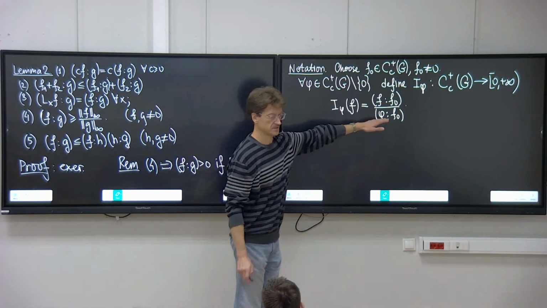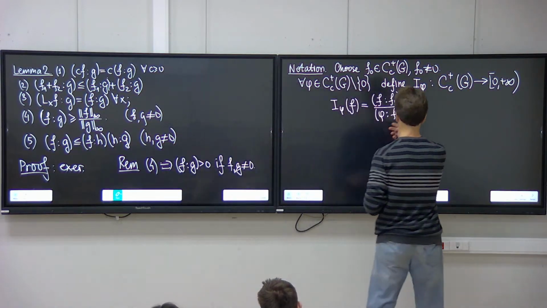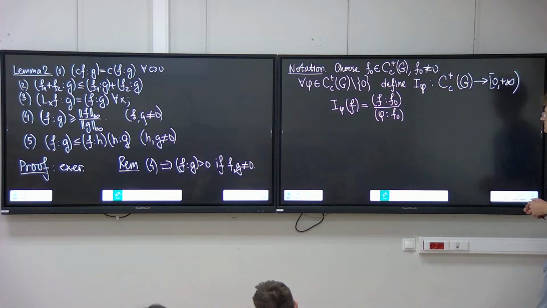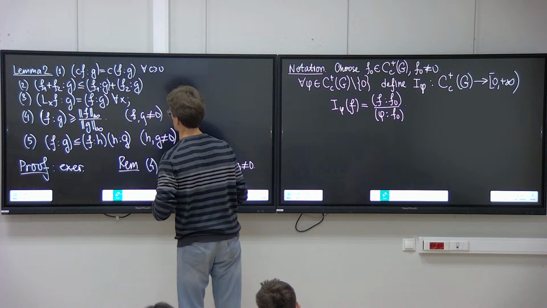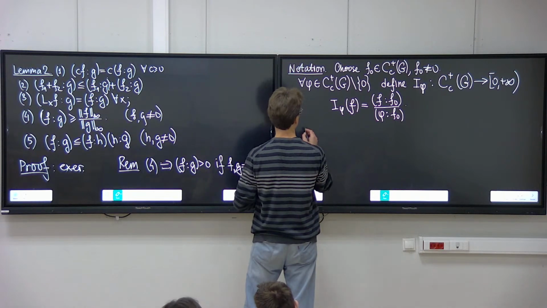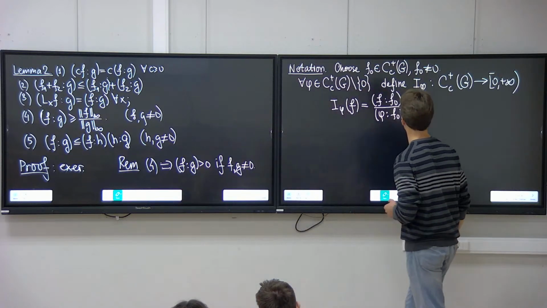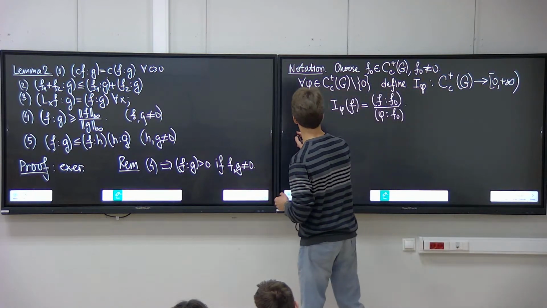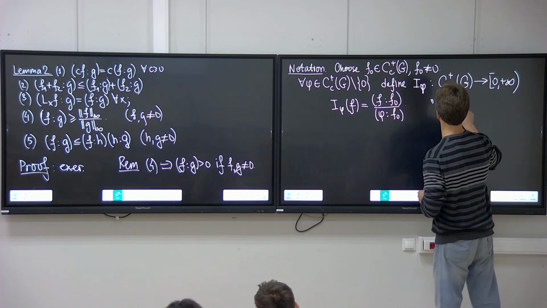So this is well defined. This is non-zero, and so the whole number is well defined. Let's again look at some properties of this map. Let's call it an approximate integral.